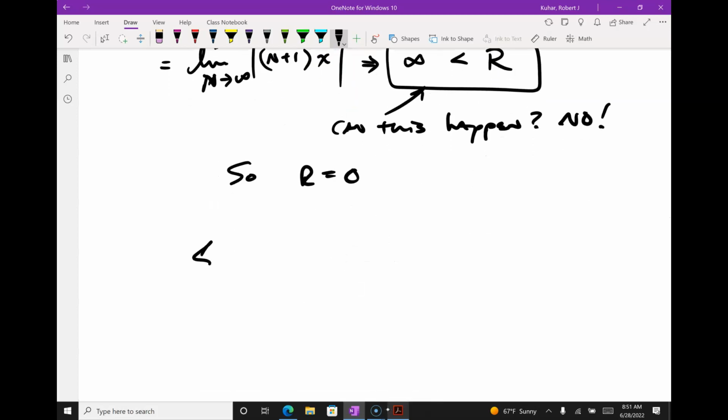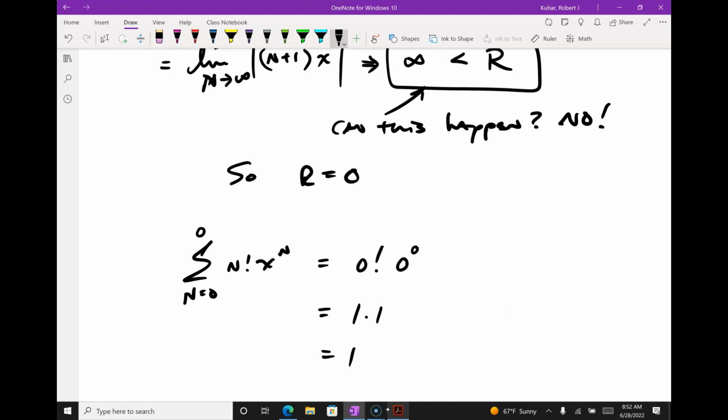And of course, the sum from n equals 0 to infinity of n factorial x to the n: I get 0 factorial times 0 to the 0. 0 factorial is 1, and 0 to the 0 is 1.